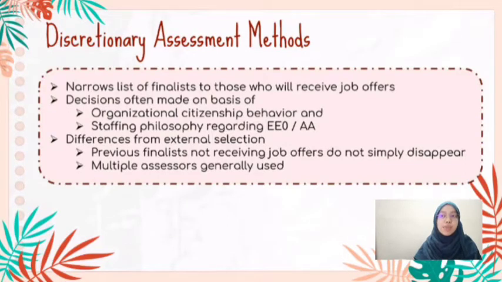The discretionary assessment method narrows the list of finalists to those who will receive a job offer. The decision is often made on the basis of organizational citizenship behavior and staffing philosophy regarding EEO or AAP.